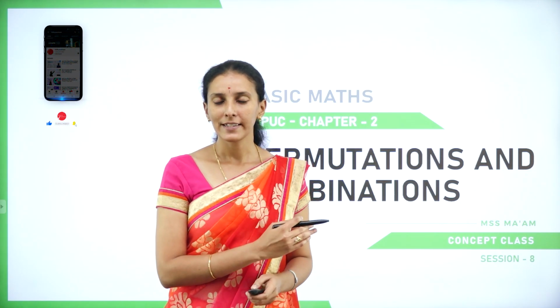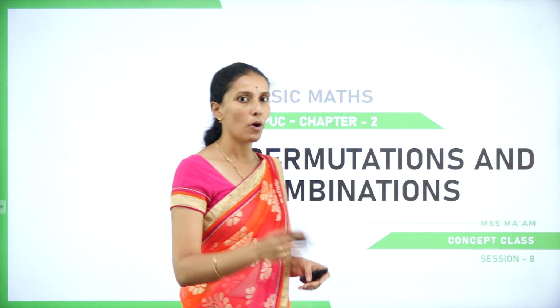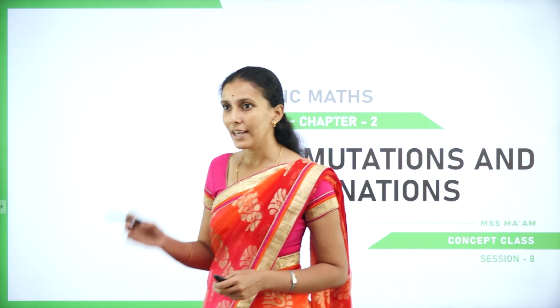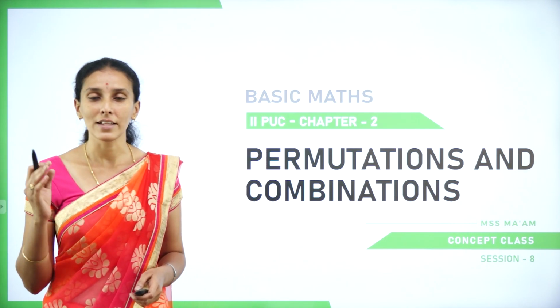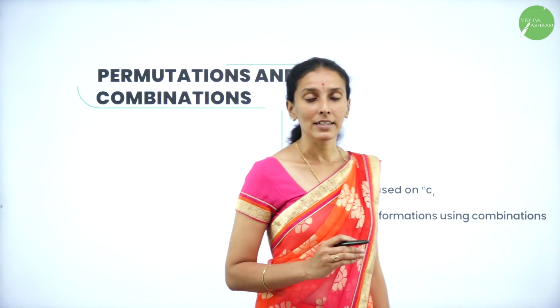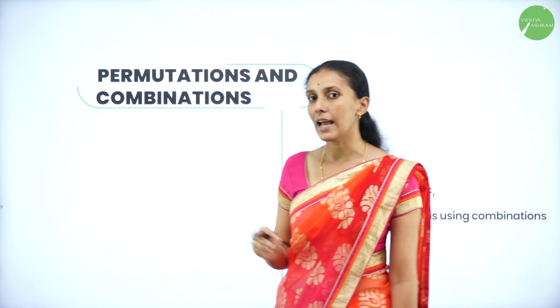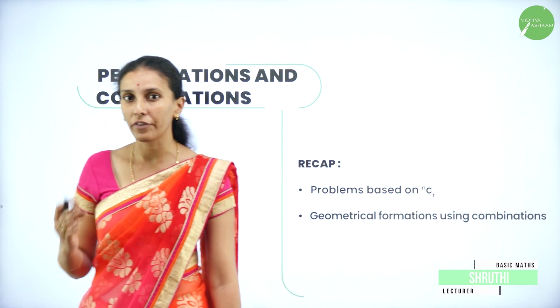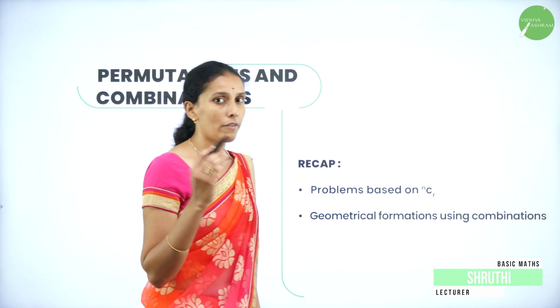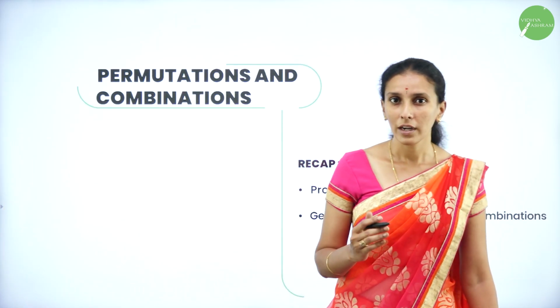So in our previous session, we have discussed in detail all the permutations and combinations and how we can arrange anything using permutations as well as combinations. We discussed some properties and geometrical formation of figures using combinations. While doing combinations, the very important thing is you have to remember all those properties.